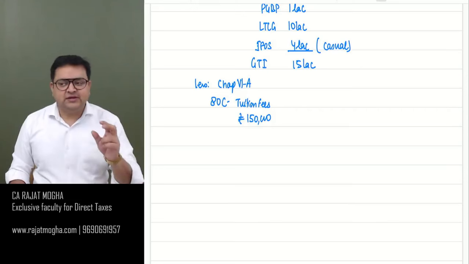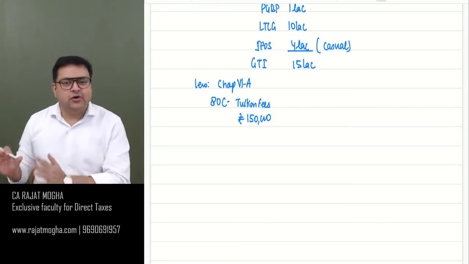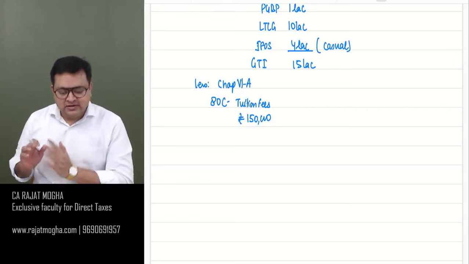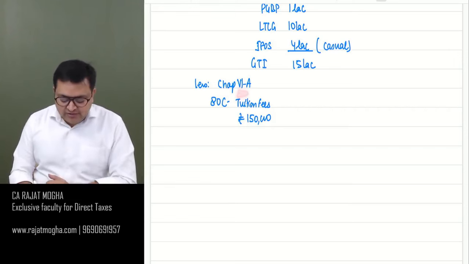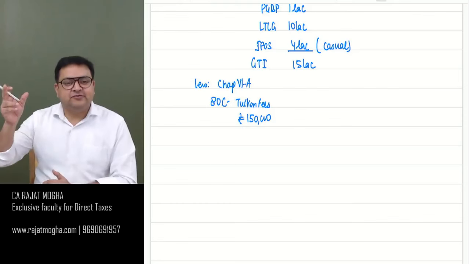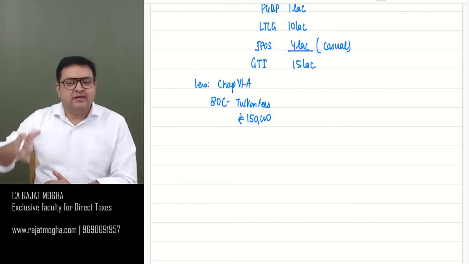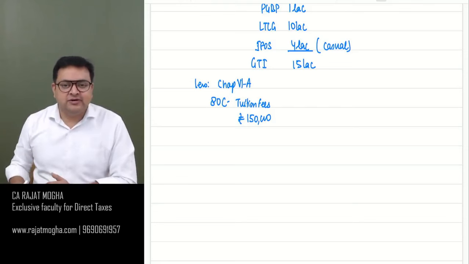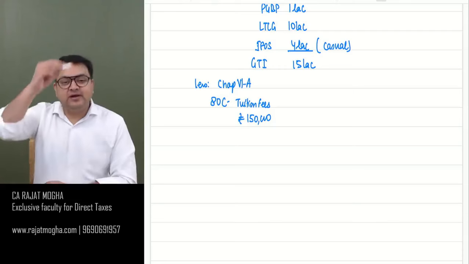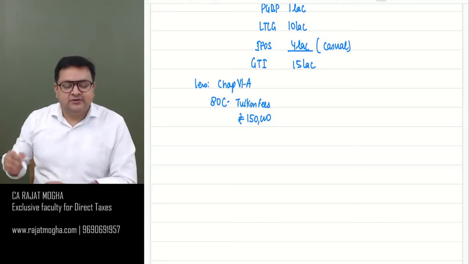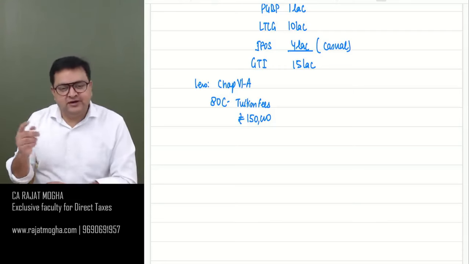You should make sure how much is my other normal income, because your chapter 6A deduction cannot be more than that income. At the time when you submit at 5 o'clock to the invigilator, you will cut that page. That is called a rough page. It is not a working note, it's a rough page.